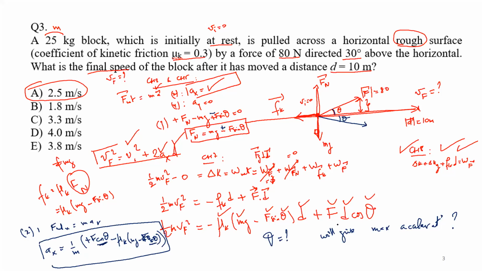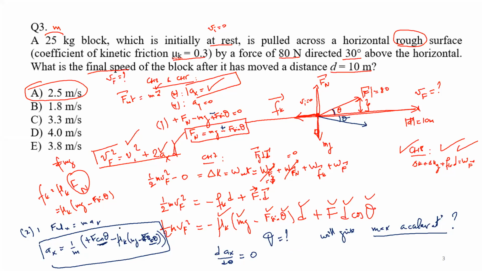Now, if I ask which theta will give the maximum acceleration, whenever you have a maximum or minimum, you need to calculate the derivative of ax with respect to the variable, and the variable here is theta. When the derivative of ax with respect to theta is 0, that theta will give the maximum acceleration. Of course, I will take out 1 over m.